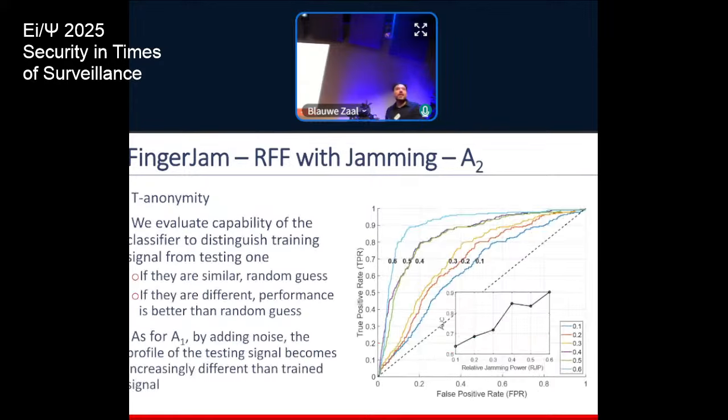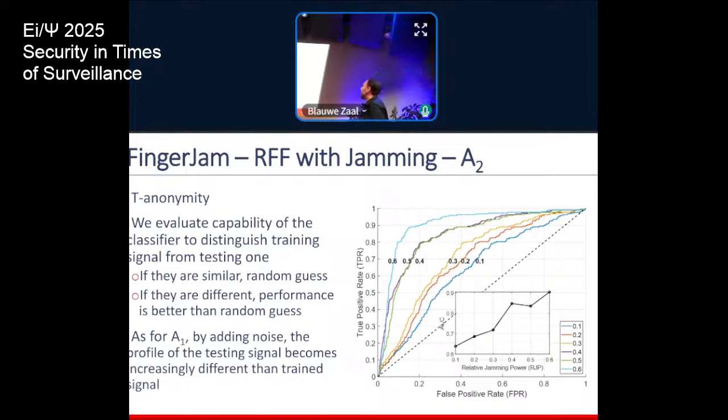We also experimented with the other attack scenario, the weaker one, where the adversary only knows one specific device and tries to identify that device in a range of wireless devices. Here we used an autoencoder as a one-class classifier. So the task is classifying images coming from the same transmitter.